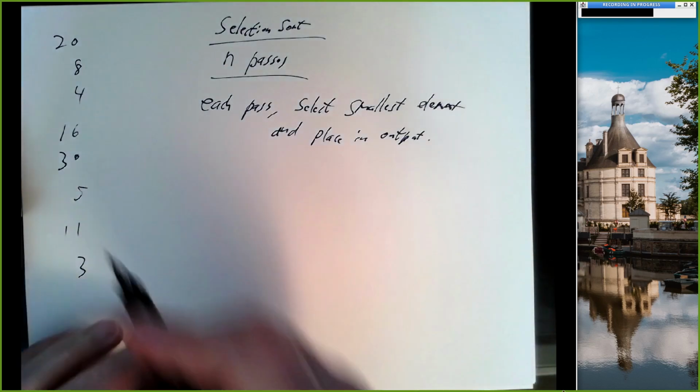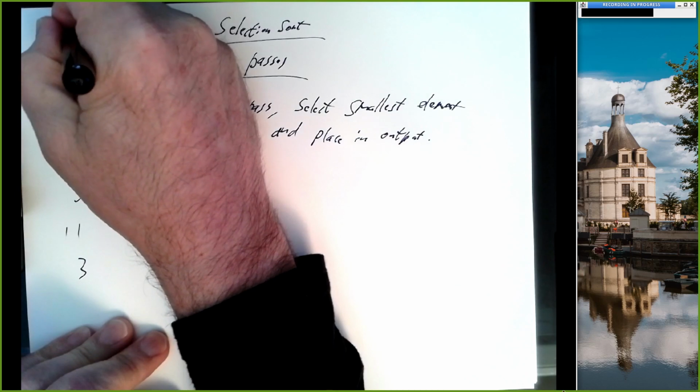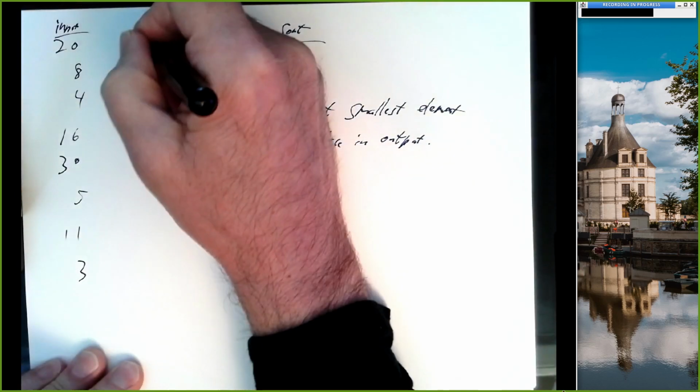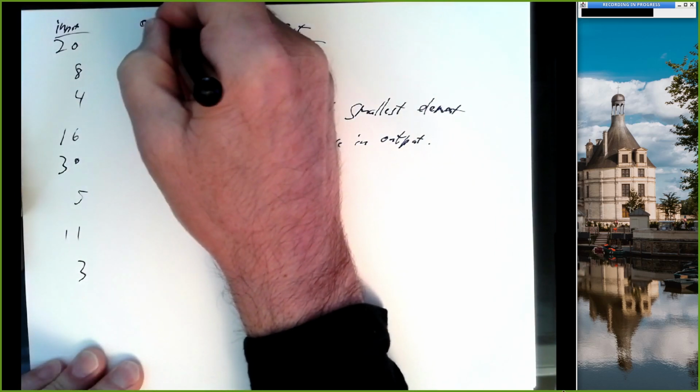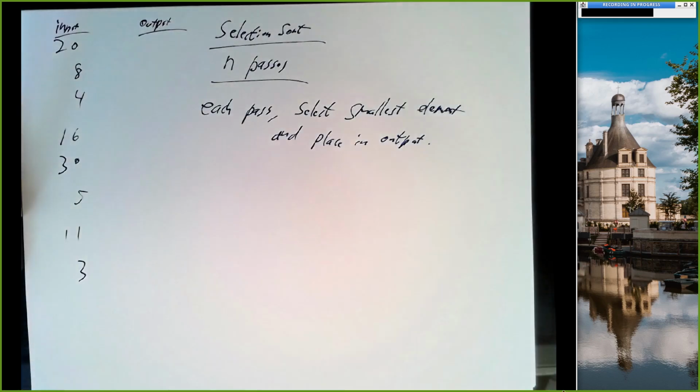So here's our input and here's our output. And so we're going to go through our input n times, 8 times in this case. And each time we go through, we're going to pick the smallest element we find that we haven't already selected.